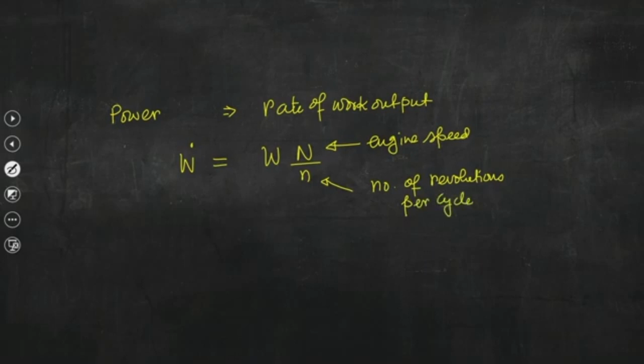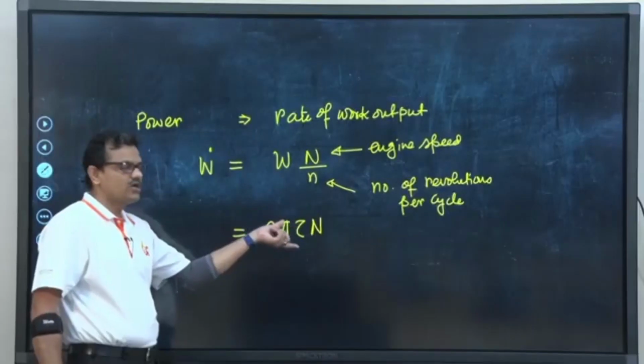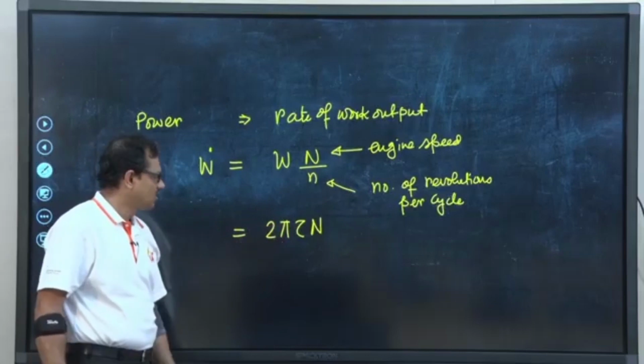Okay. So, that is W N upon n, and we can also write it in a different form, 2 pi tau into N, that is in terms of torque, because essentially we are writing the rate of work output. So, if we write in terms of torque, then we can write like this.